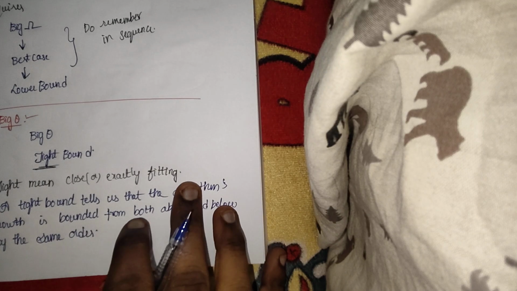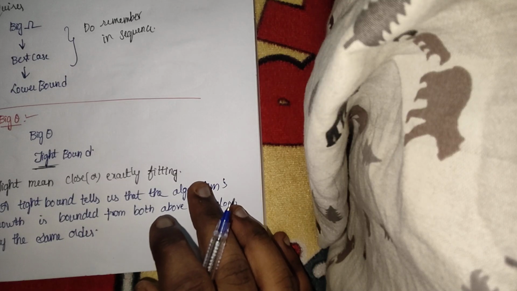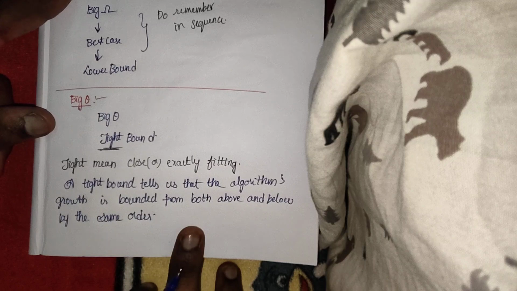This is the type one. For exam purposes, you can remember as I write. This is the big theta. So I am writing this for exam purposes, so do remember what I have written now.